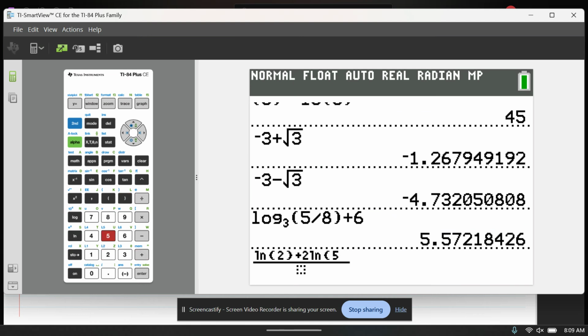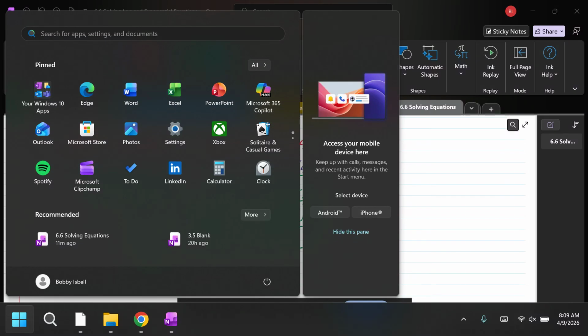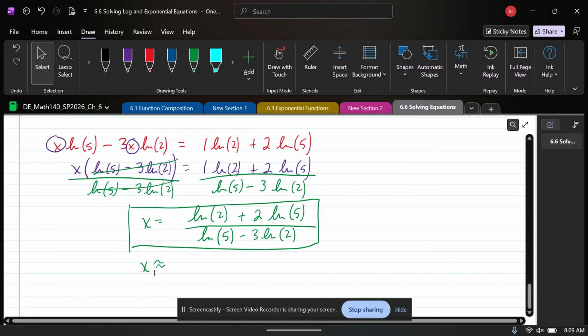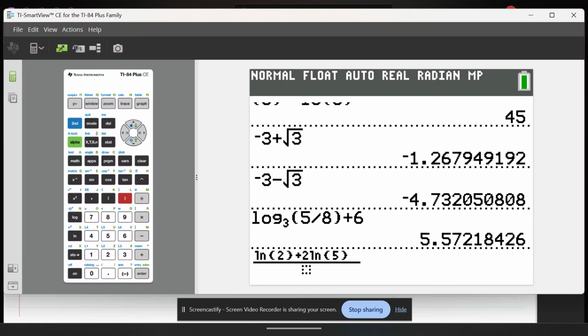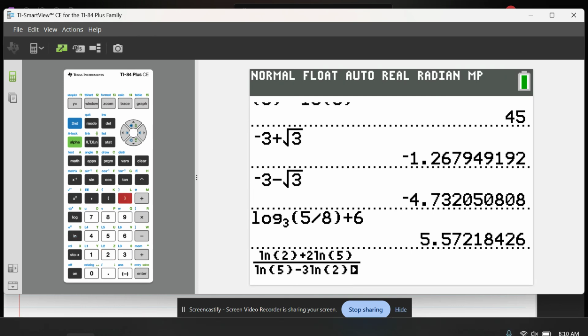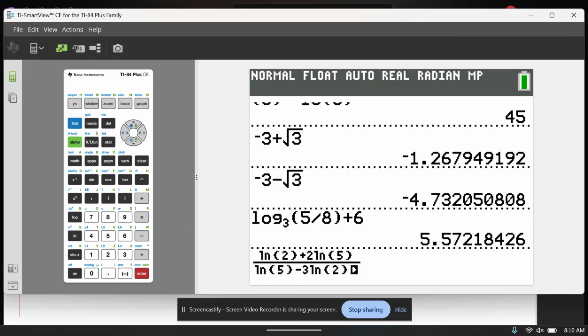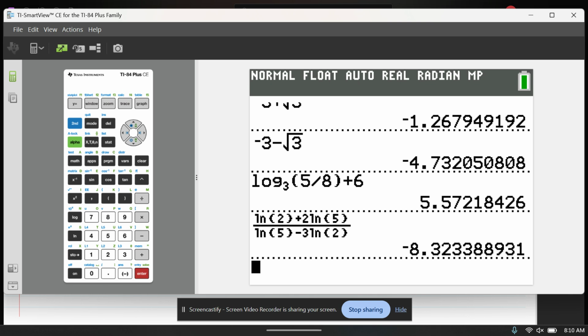Make sure that's right. And then on the bottom, I've got natural log of 5, parentheses, minus 3 natural log of 2. Make sure that's the right thing. Then I'm hitting enter. Negative 8.323.